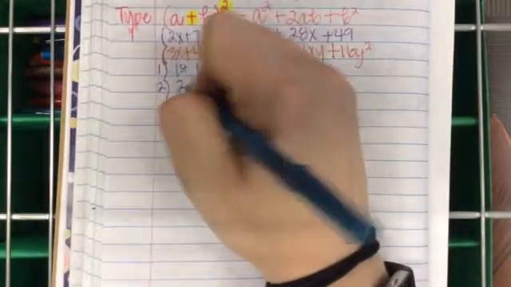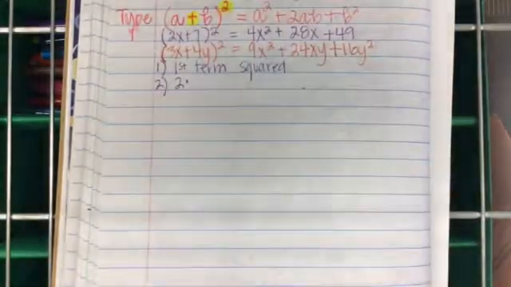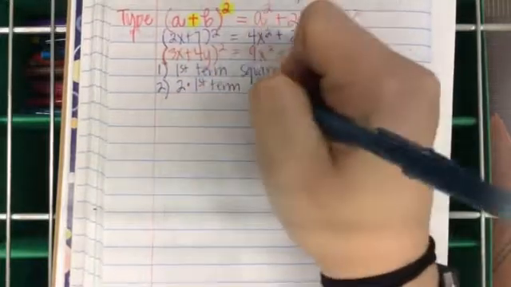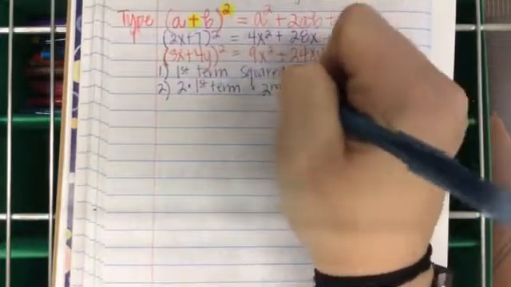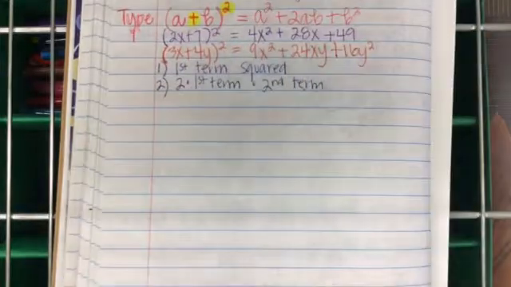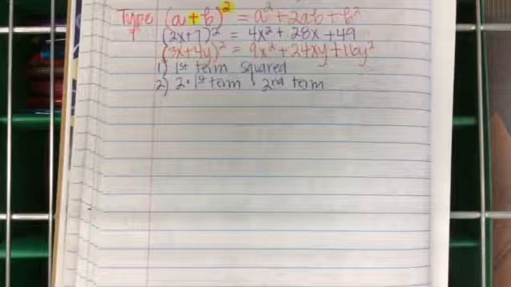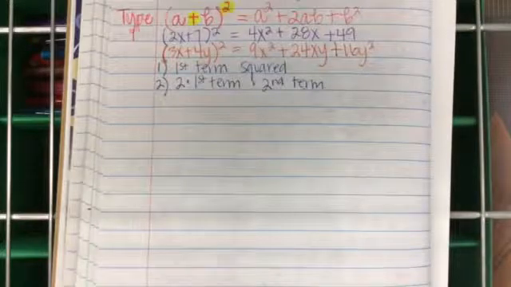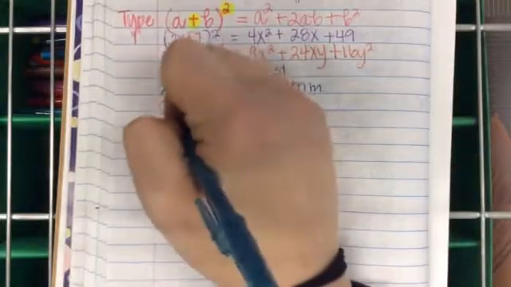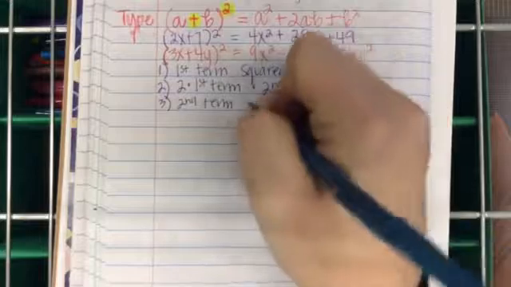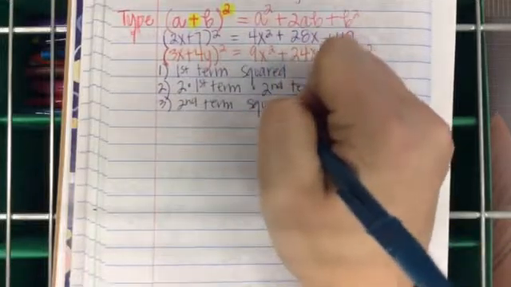It's 2 times the first term times the second term. And 3, it's the second term squared.